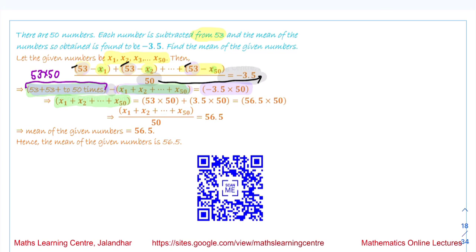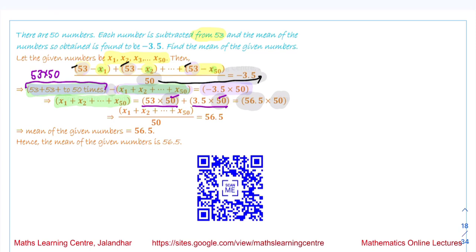On rearranging these terms, we get 53 into 50 plus 3.5 into 50. We have taken 50 common from both these terms and we get 56.5 into 50.